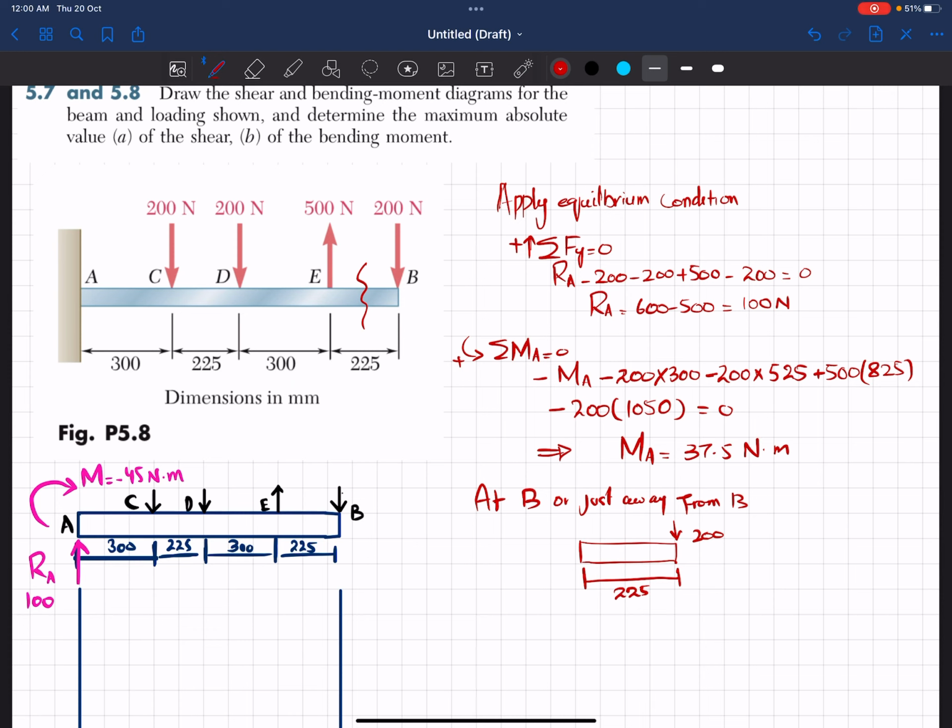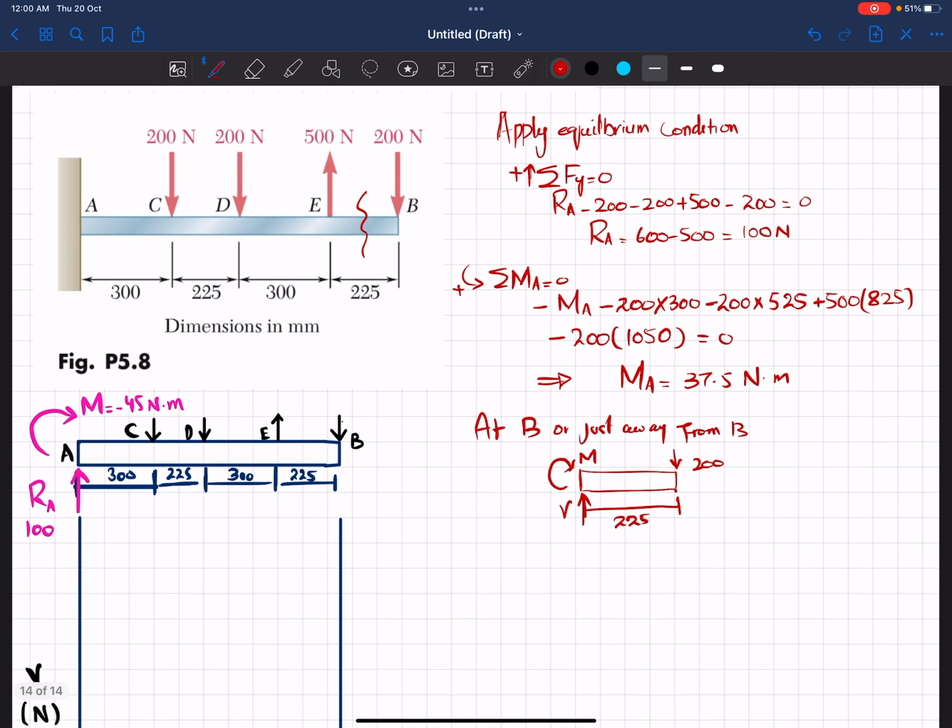When you cut the beam, there will be a shear force V and a reaction moment M. Now we will apply the equilibrium condition.